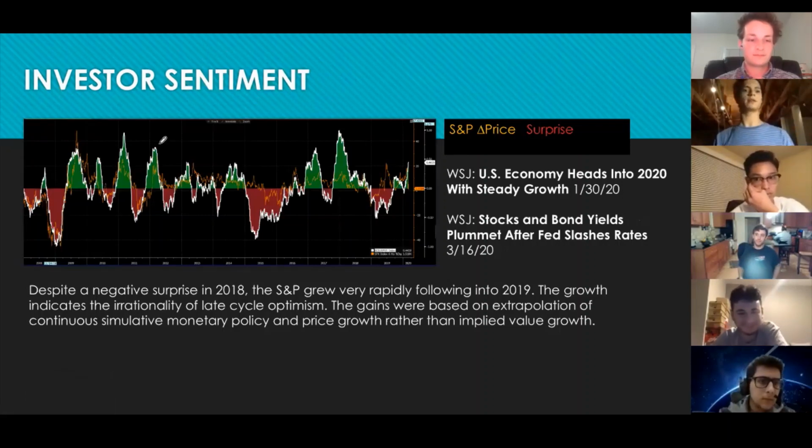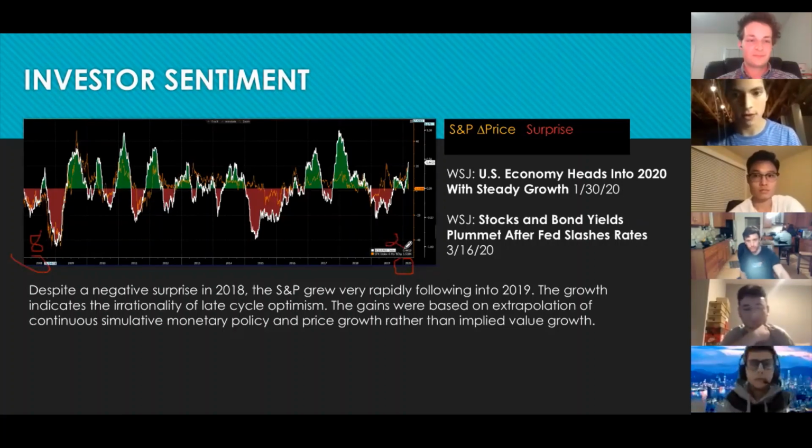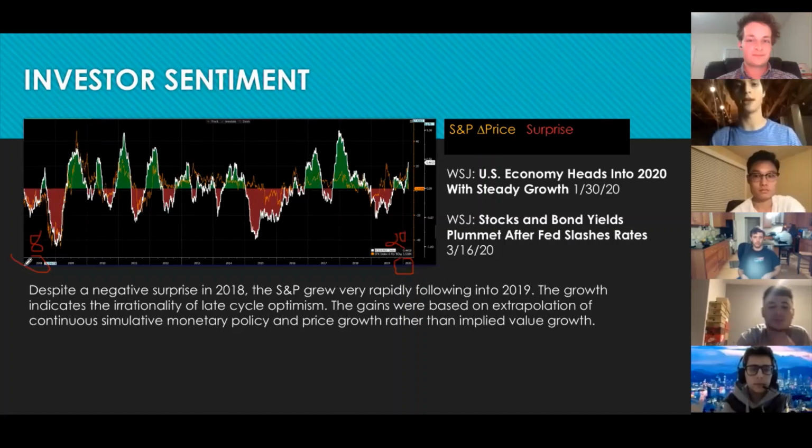So here, investor sentiment. This is called the Economic Surprise Index. And this is over the course of 2008 and 2020. That's the time frame in case you can't see it. So pretty much how this works, I'm going to simplify it.